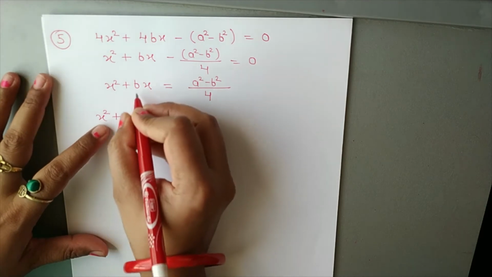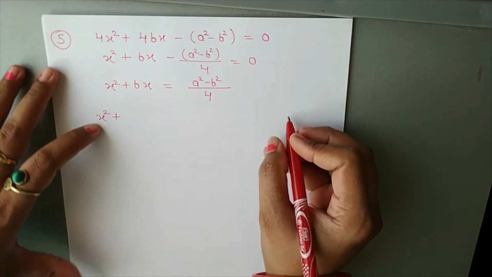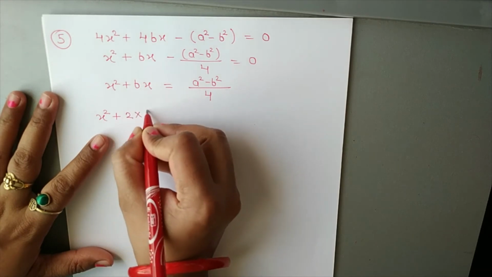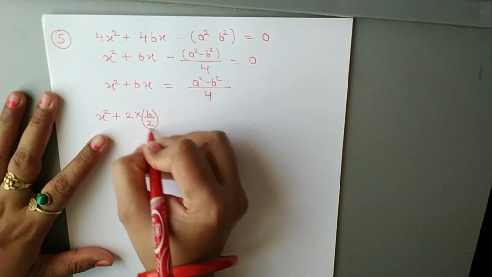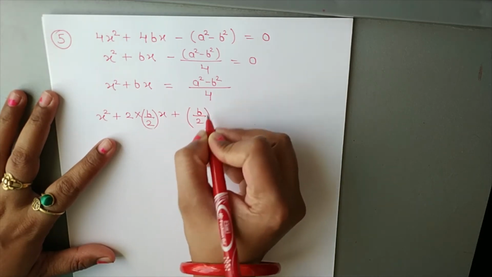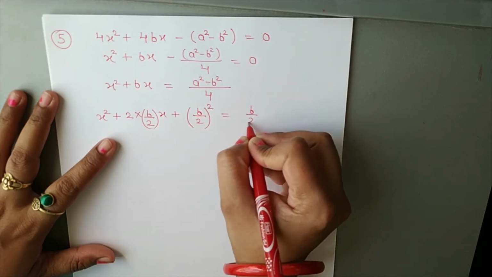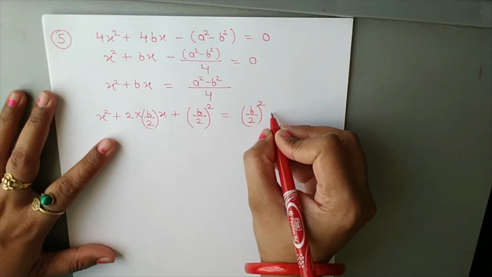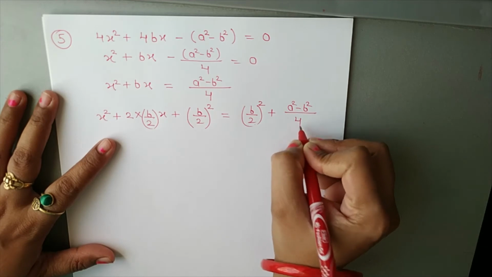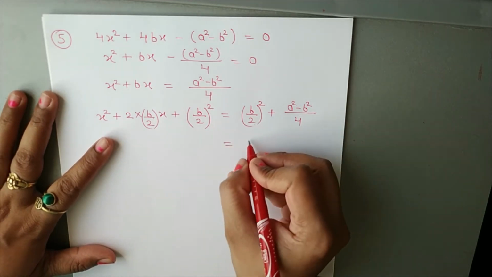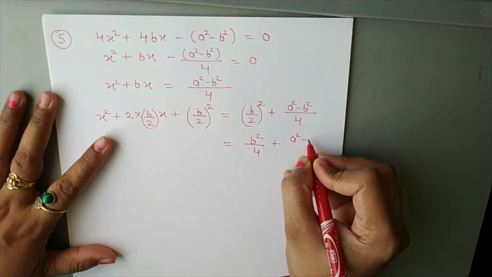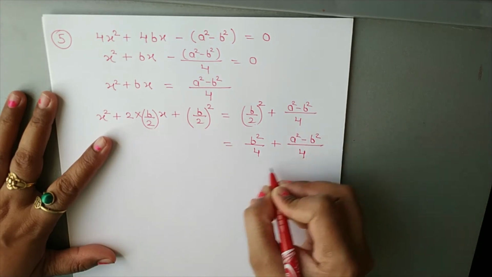Then it can be written as b divided by 2, so it will be b upon 2. So we can write it 2 into b by 2 x, then we are adding b upon 2 whole square, and b upon 2 whole square on the right hand side, then plus a square minus b square upon 4. So it will be b square upon 4 plus a square minus b square upon 4.